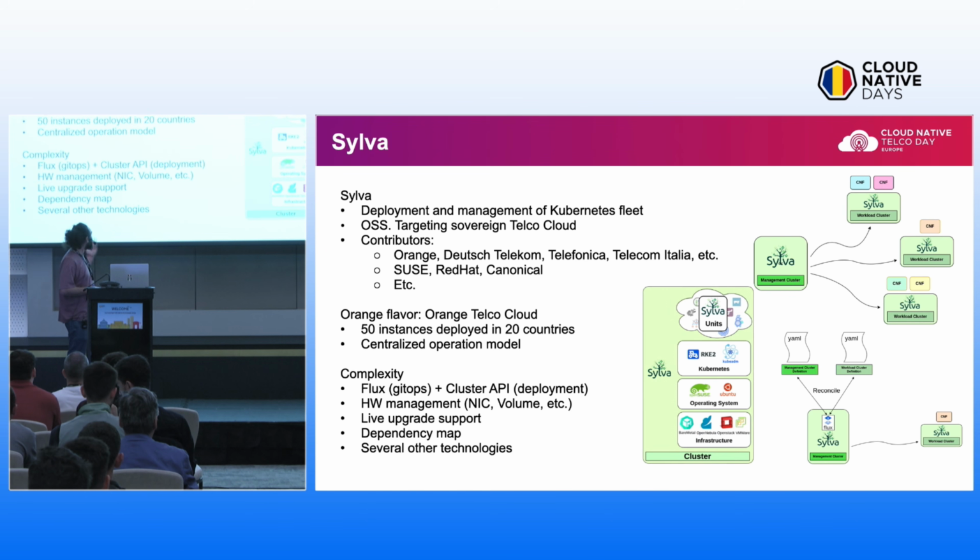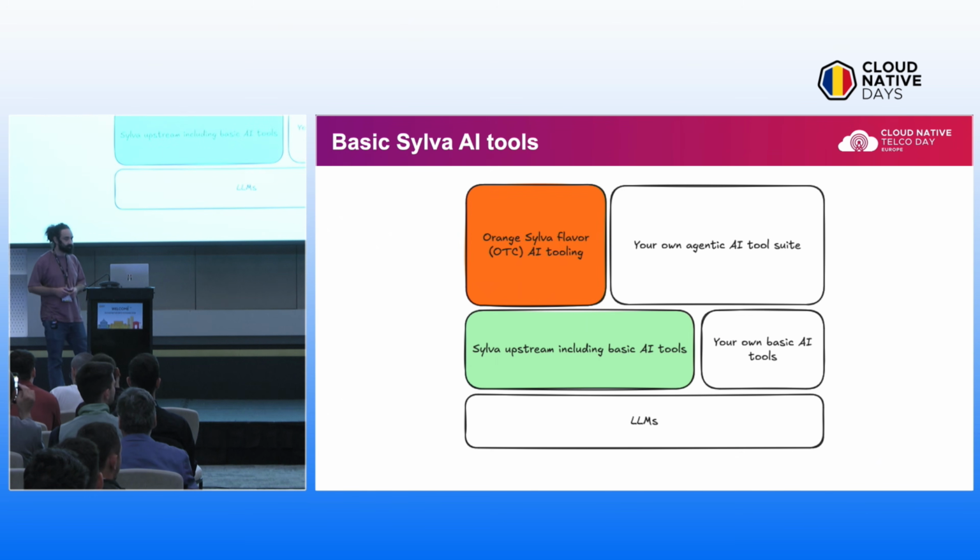We use Flux to deploy everything in a GitOps way. We use the Cluster API to orchestrate and deploy all of these. We do hardware management, we do dependency maps, and several other things that we need for the lifecycle management.